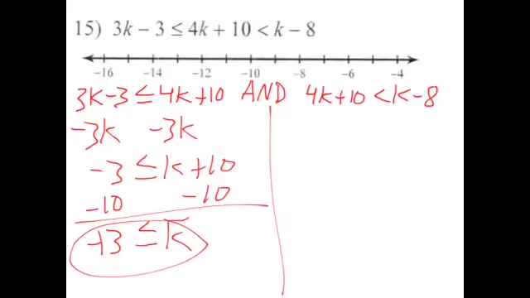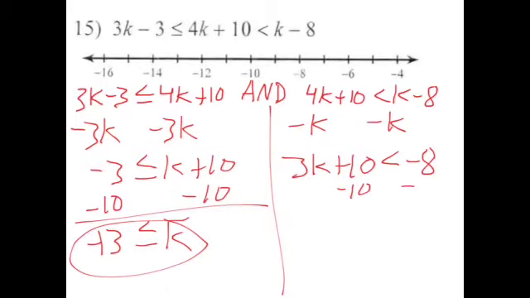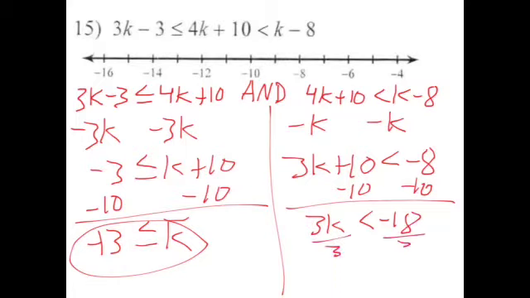That's going to be my answer for that one. And on the right side, I want to get k by itself on one side. So let's subtract k from the right and on the left to get 3k plus 10 less than negative 8. And we'll subtract 10 from both sides to get 3k less than negative 18. And divide both sides by 3 to get k less than negative 6.